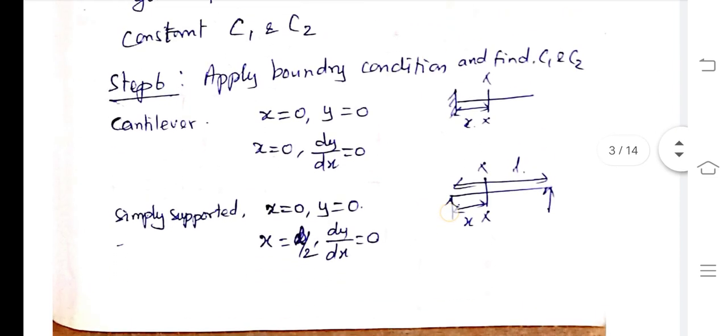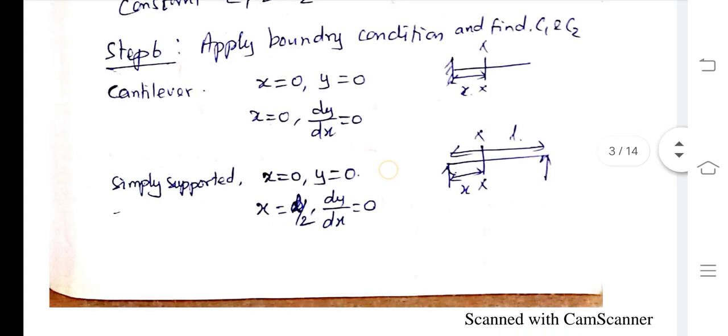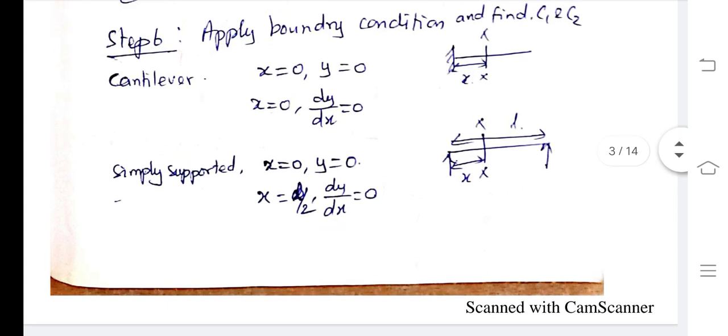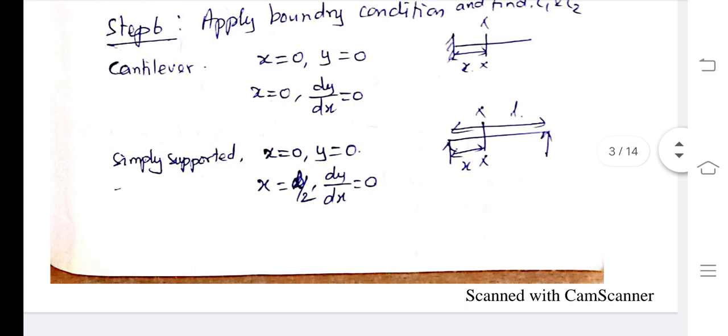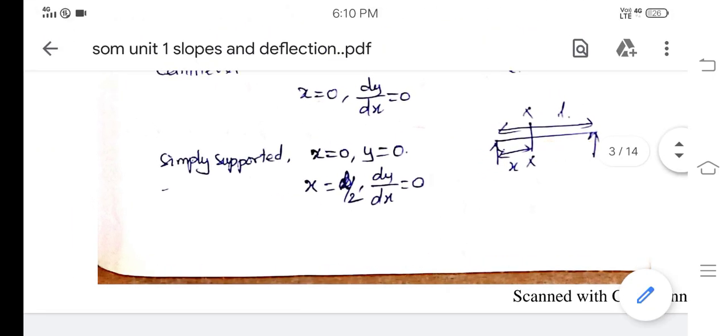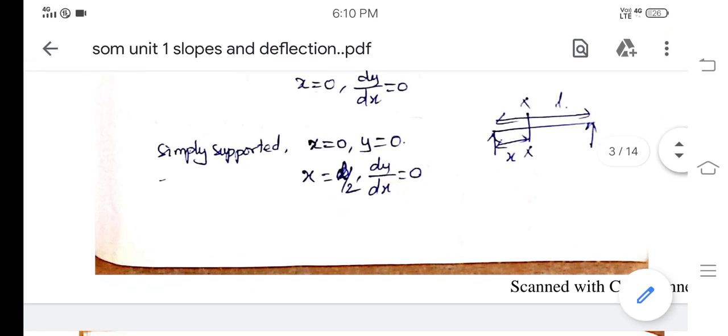For a simply supported beam, x is equal to 0, y equal to 0, and at x equal to L by 2, where L is the total length from support to support so that half the distance is L by 2, dy by dx is equal to 0.